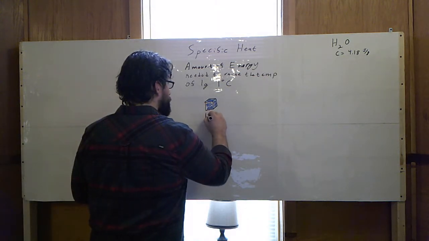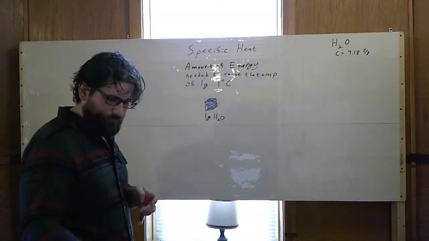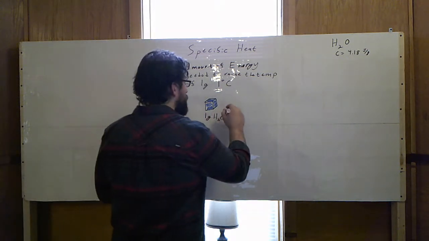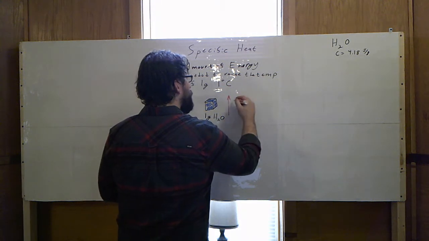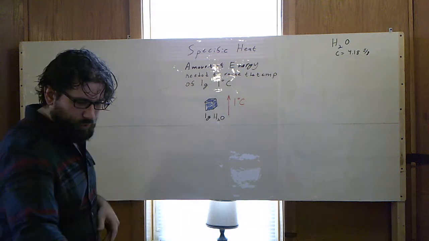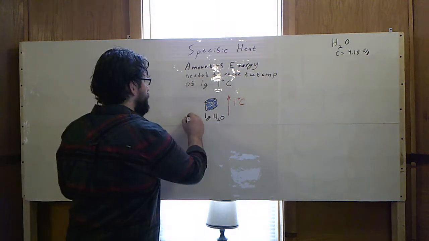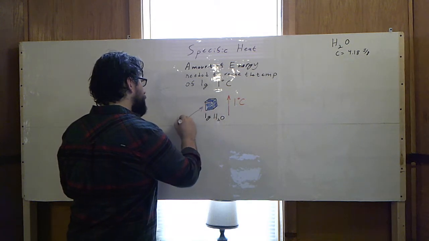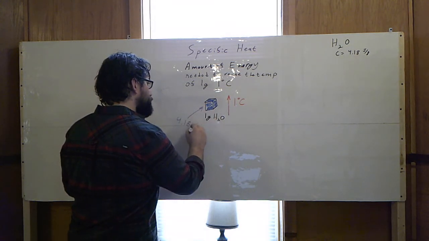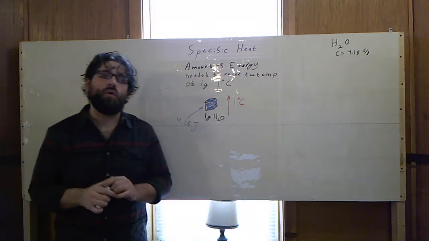So this is 1 gram H2O. If I wanted to raise its temperature 1 degree Celsius, then I would need to put in 4.18 joules of energy.